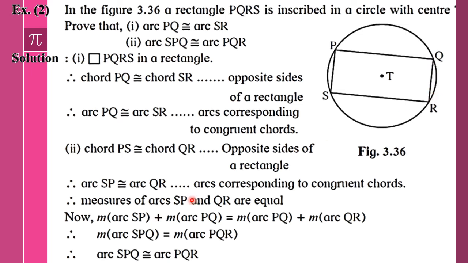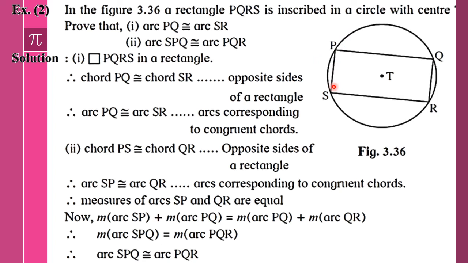Therefore the measures of arcs SP and QR are equal, right? That means the measure of arc SP is equal to the measure of arc QR. Congruent arcs in the same circle have equal measures.